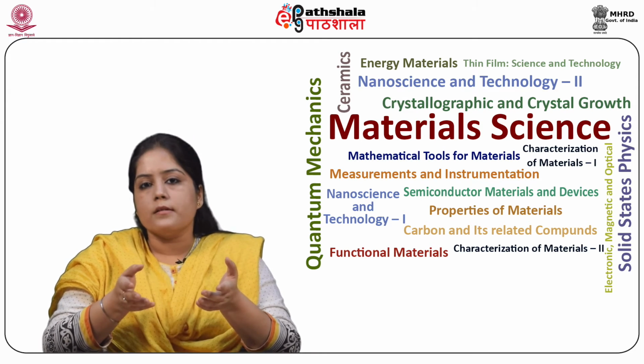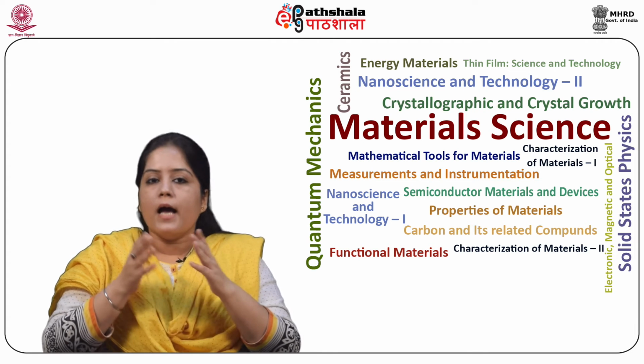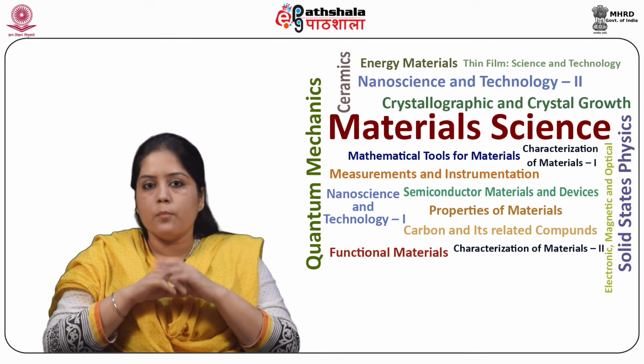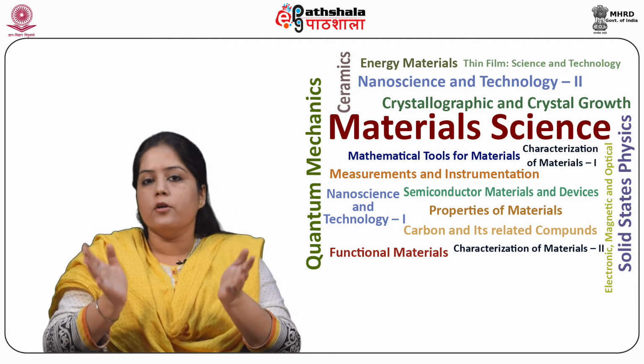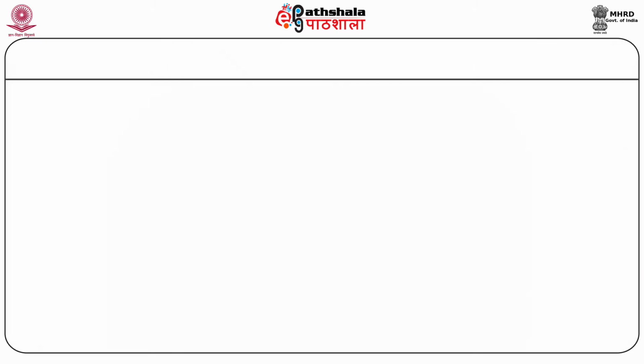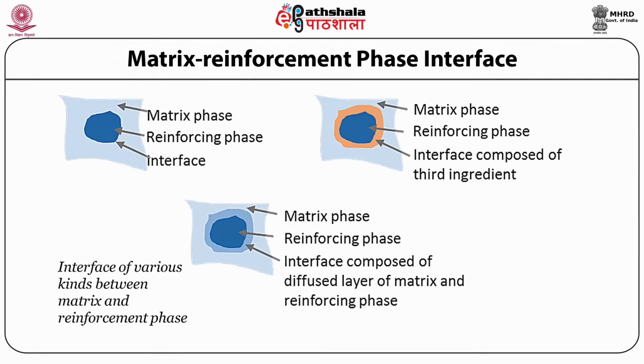In some cases, the matrix and the second phase may be soluble and form a different kind of bond, of various kinds, between a matrix and the reinforcement. The first figure shows a matrix phase, and the blue one is the reinforcing phase, and this dark blue and this light blue is the interface.